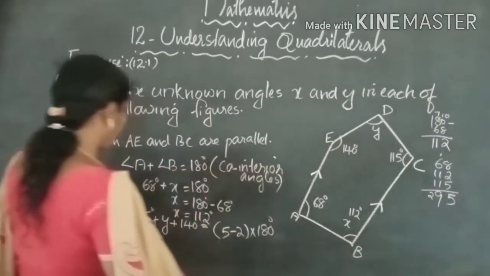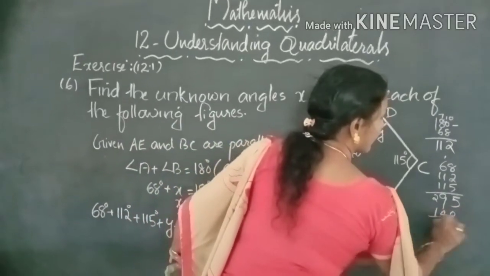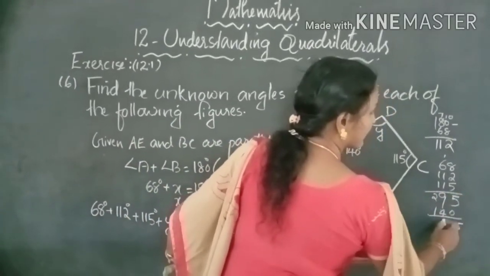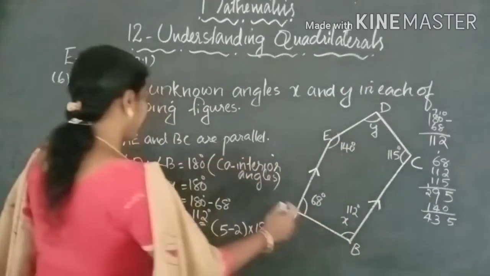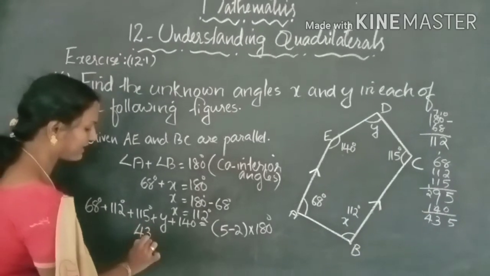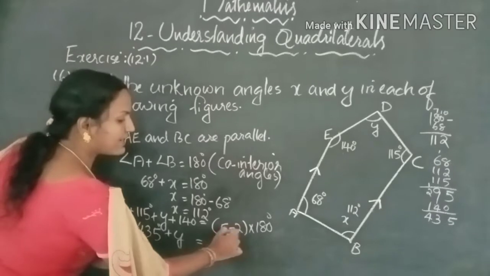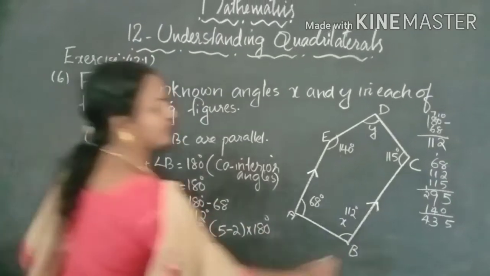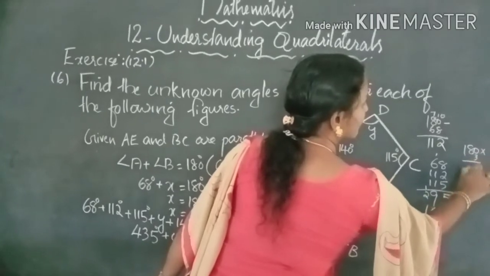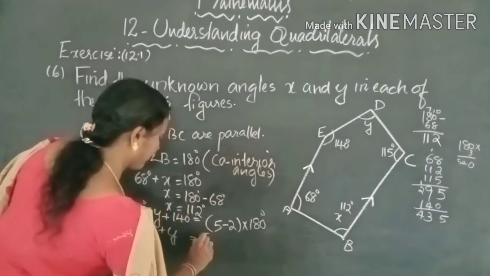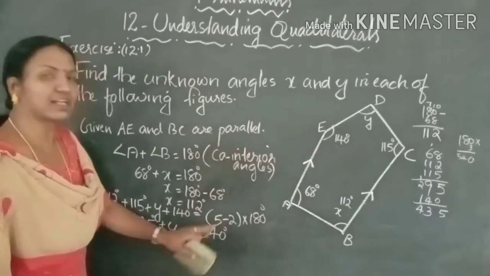That gives 295. 295 plus 140 is 435. So 435 degrees plus y is equal to (5 minus 2) into 180, that is 3 into 180, which is 540. So 435 plus y is equal to 540.